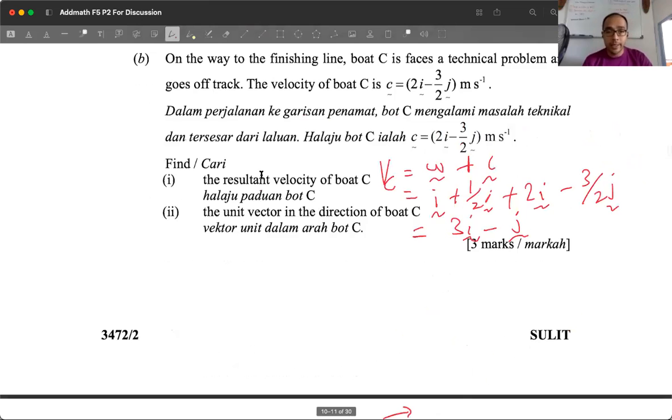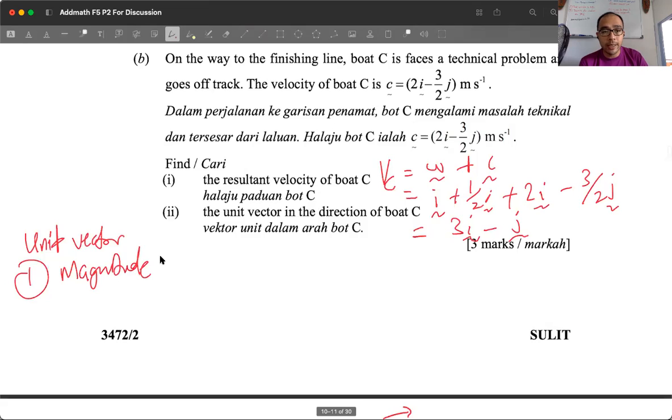The unit vector in the direction of boat C. Now, ini ulang kaji, those of you who have forgotten how to count unit vector. First of all, calculate the magnitude. Magnitude is basically Pythagoras theorem.